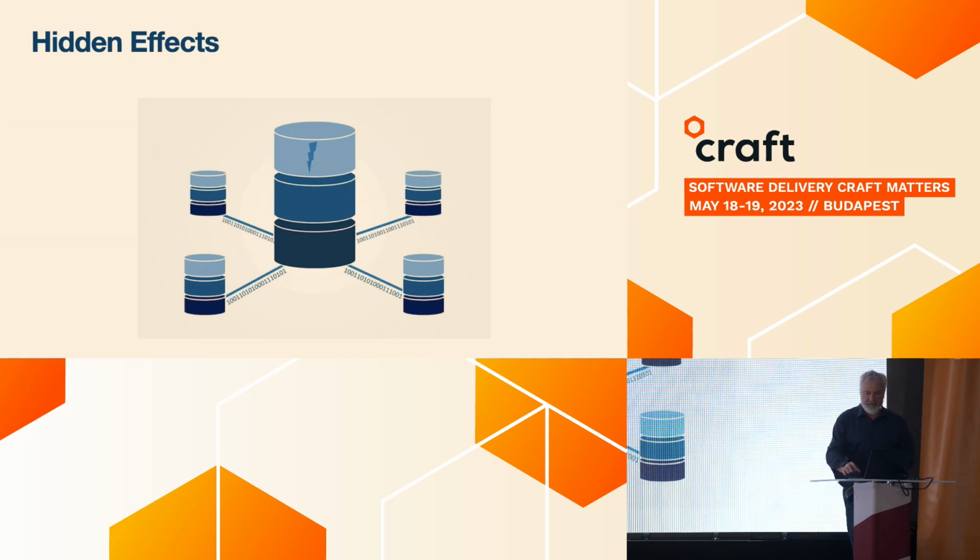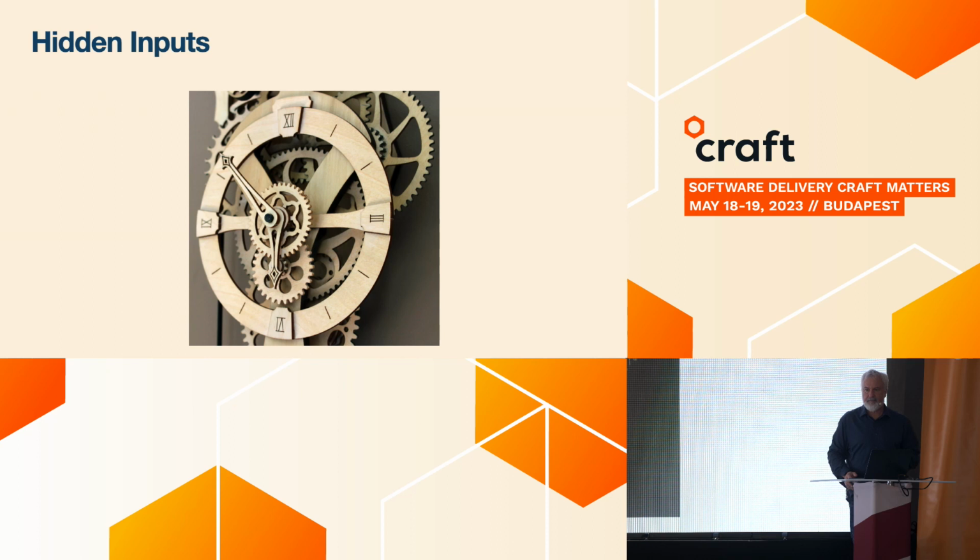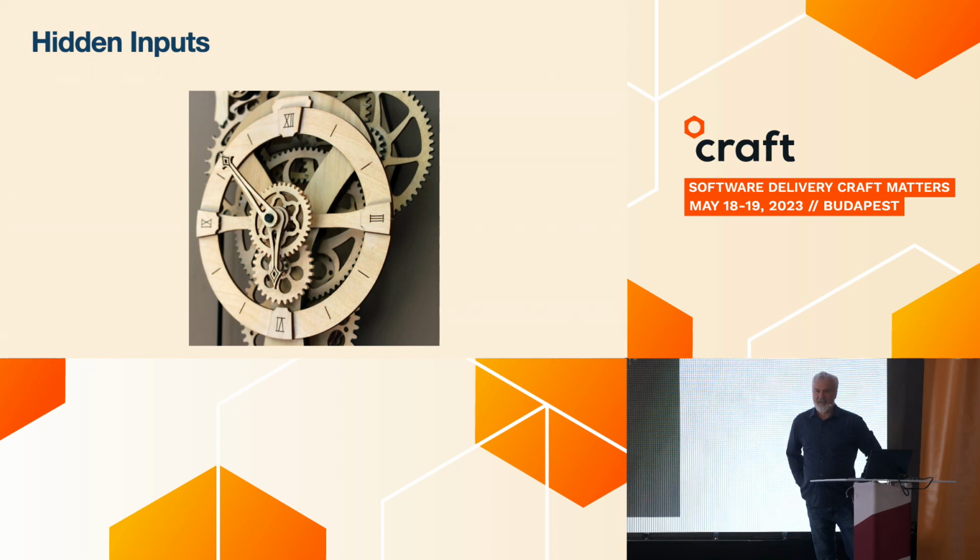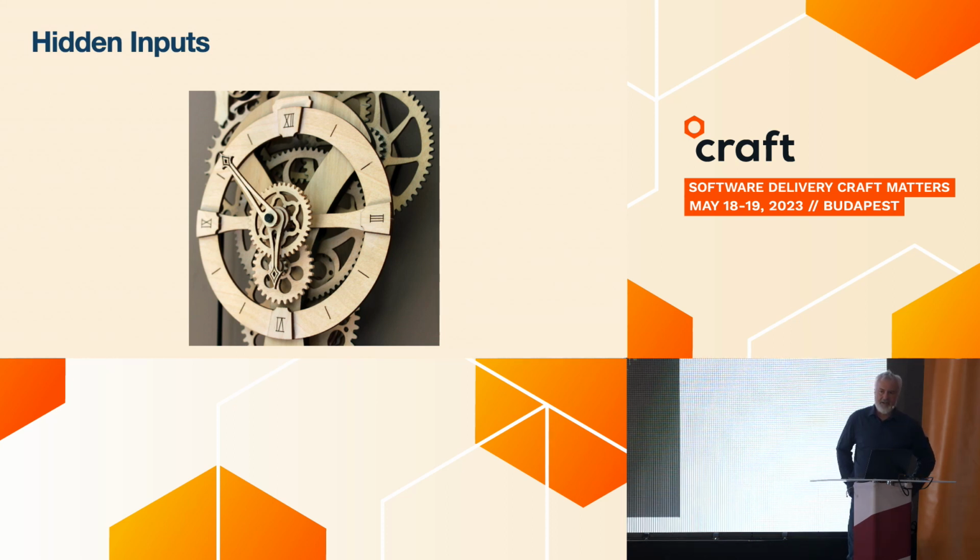The parallel to this is hidden inputs, right? And quite often the common example of this is time. If you have some system and you find that you can only run the tests on May Day at 11 p.m. or something like that, then that's really a horrible situation. And we know that we can change the instance that we have, change the time on it in order to make the software run that way.